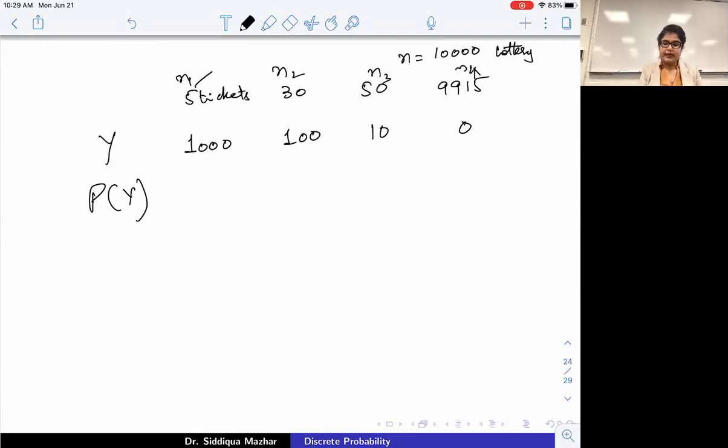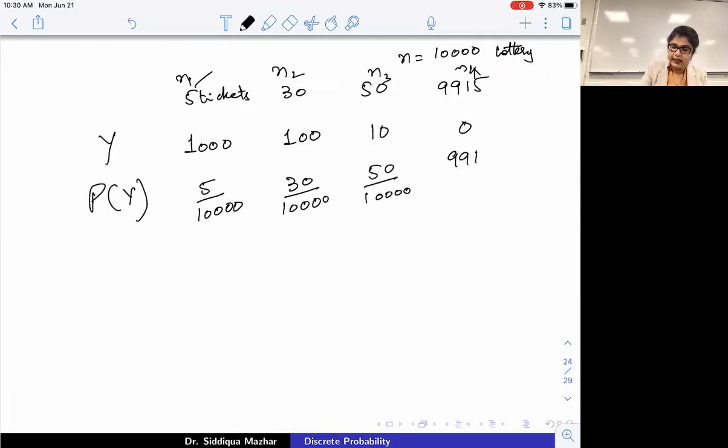So the probability is 5 out of those 10,000 tickets worth $1,000. $100 is paid on 30 tickets out of 10,000. $10 prize on 50 tickets out of 10,000, and the rest have nothing. So the rest is 9,915 lotteries out of 10,000 have nothing on that.